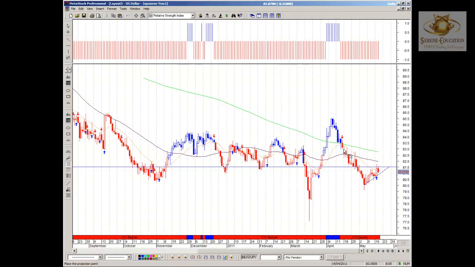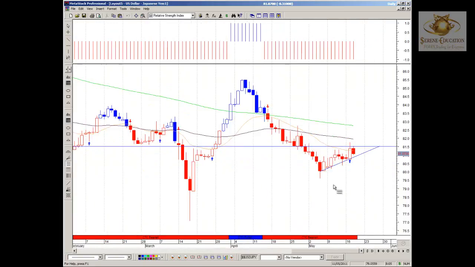A failure of that support level here at 83.50 saw price pull back, revert to its current trend to the downside, and we're now trading to the underside of a strong support level. So breakout, consolidation, breakout, consolidation, pullback, failure at 81.50 or the 82.00 mark, or the 50-period moving average in this area here, could possibly see the US dollar continue to fall to the downside.